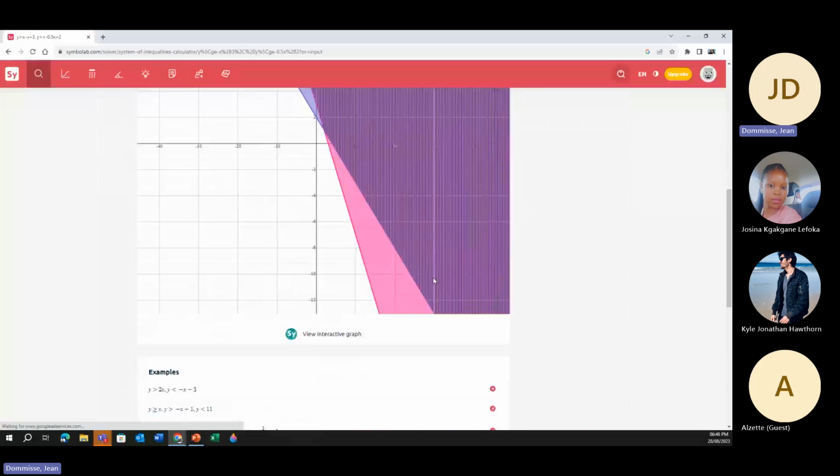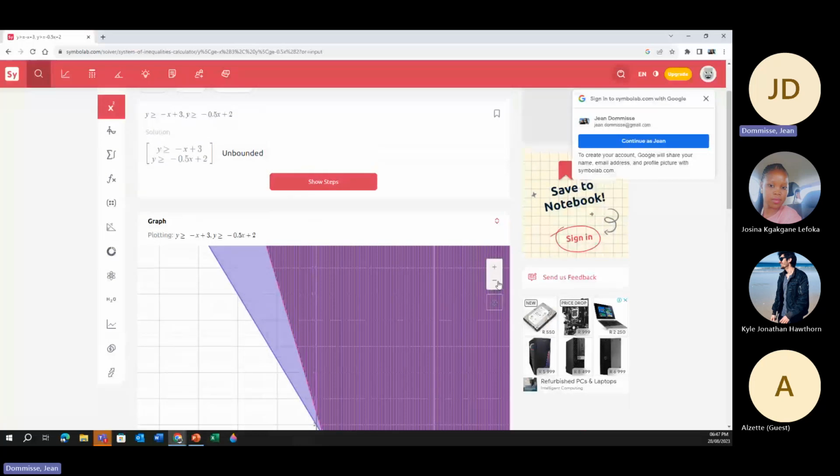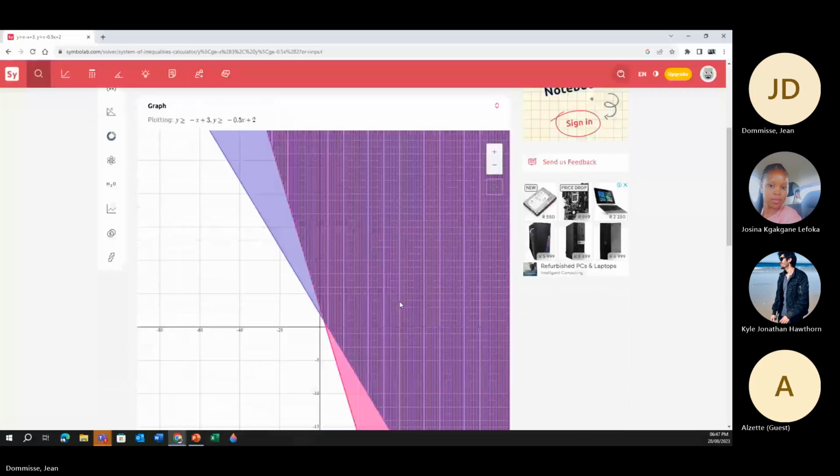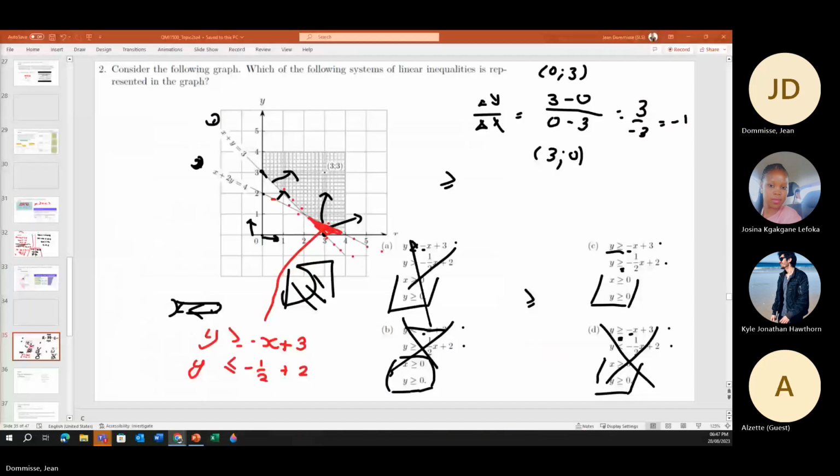Ugh, that doesn't look like the same thing. Oh, okay, so I also need to include x bigger or equal to 0, y bigger or equal to 0.